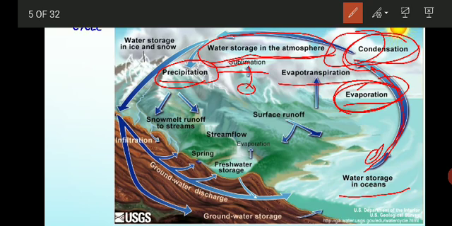So when the rain hits the ground, when it falls on the earth's surface, the water starts flowing downhill. So some of the water flows on the surface in the form of surface runoff. Then some water infiltrates into the ground, and that becomes the groundwater.